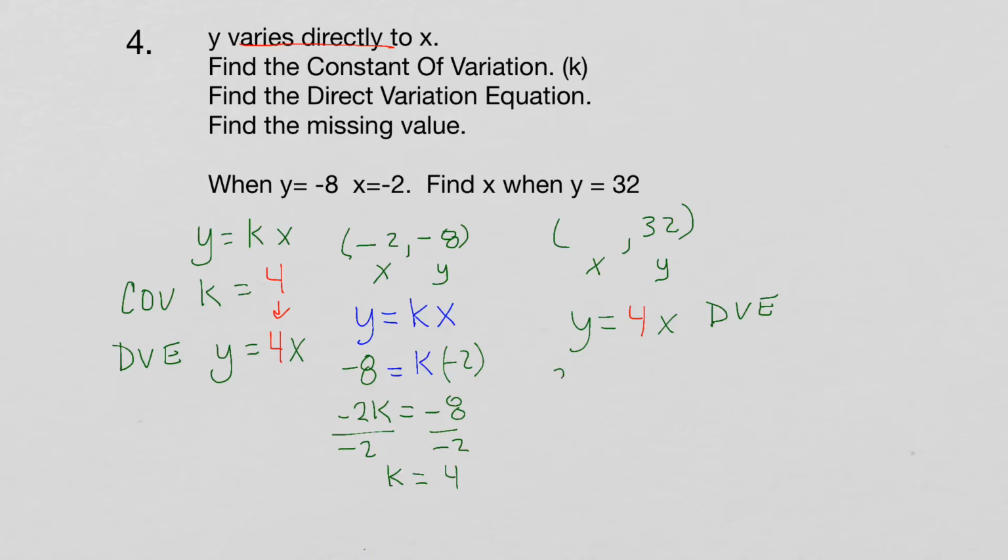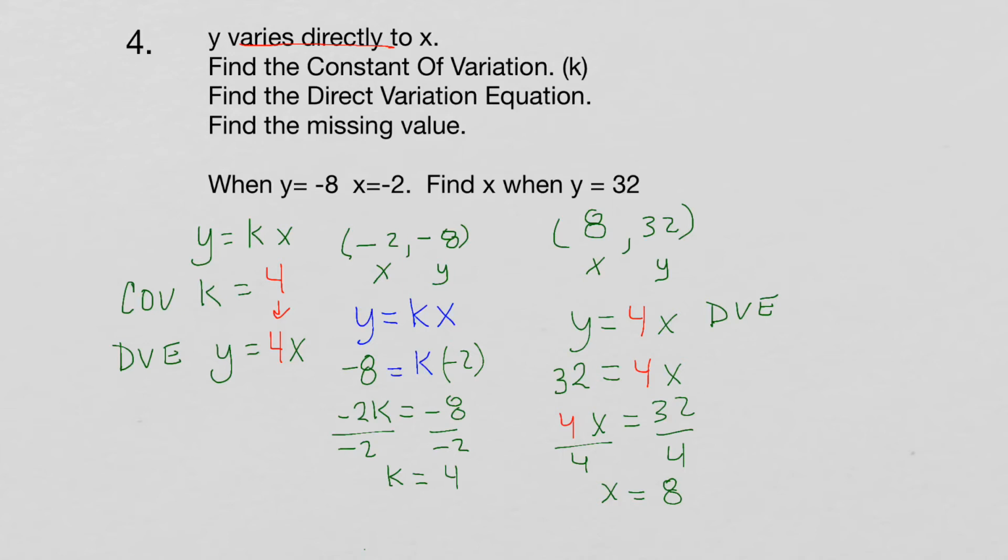So I'm going to put 32 in for y. 32 is equal to 4x, or 4x is equal to 32. Opposite operation, this is multiplication, so we're going to divide by 4, and it's going to be x is equal to 8. So my 8 goes up here in the ordered pair.